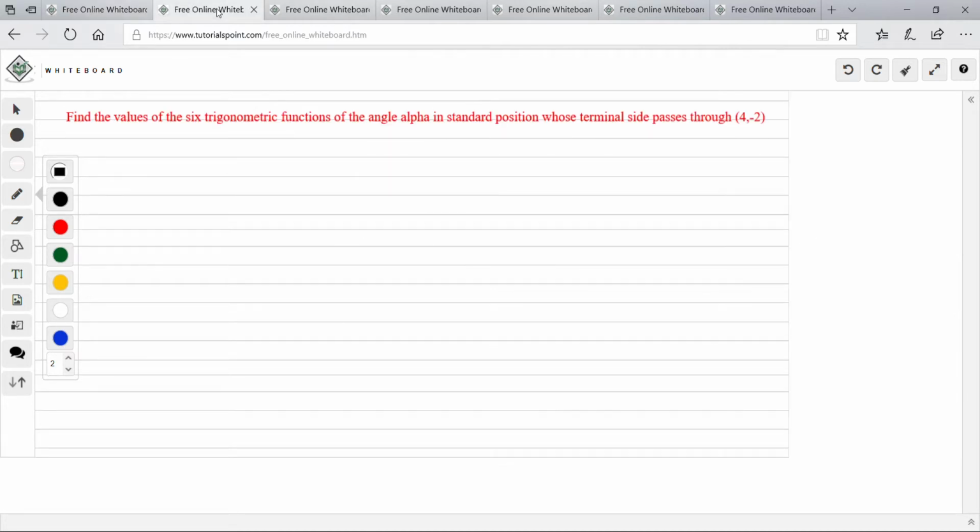It says here, find the values of the 6 trigonometric functions of the angle alpha in standard position, whose terminal side passes through (4, -2). So we've got to find the 6 trigonometric functions.